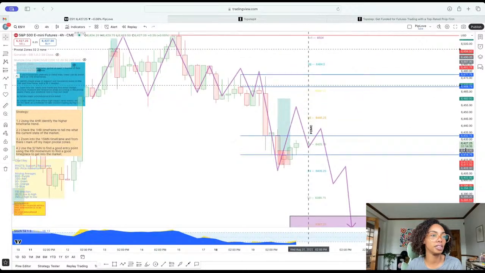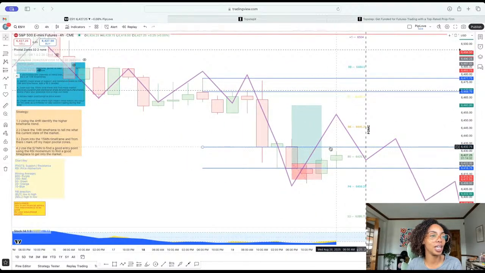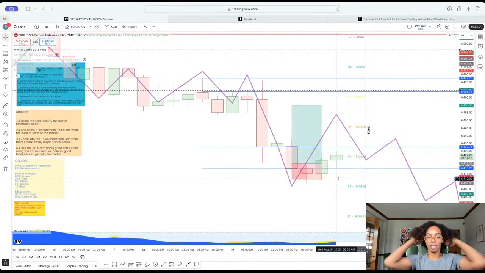Again, remember these blue lines here were those levels from our daily candle. So if price breaks above this area, that would have been a good indication that we're going to start buying. If price breaks below that level, if you are incorporating your daily candles, those highs and those lows, that's how you would incorporate that into your trading.